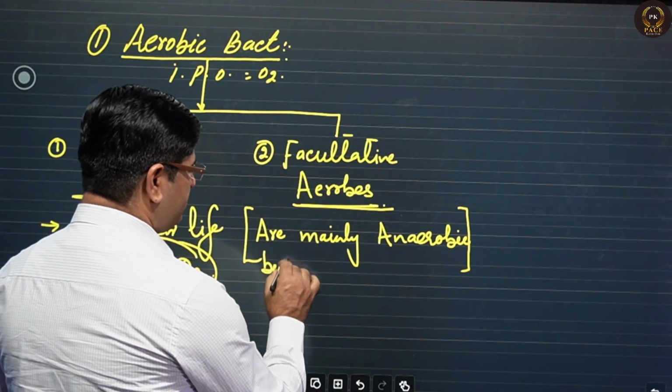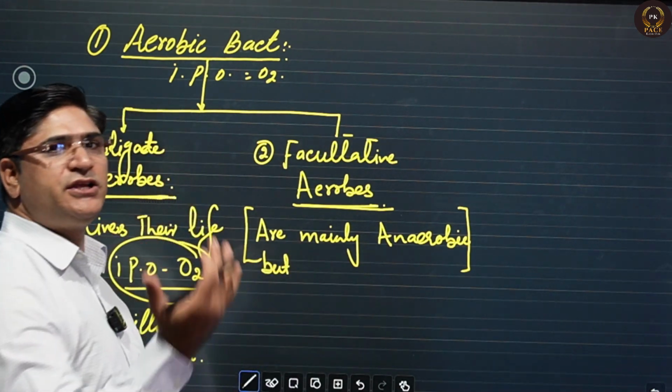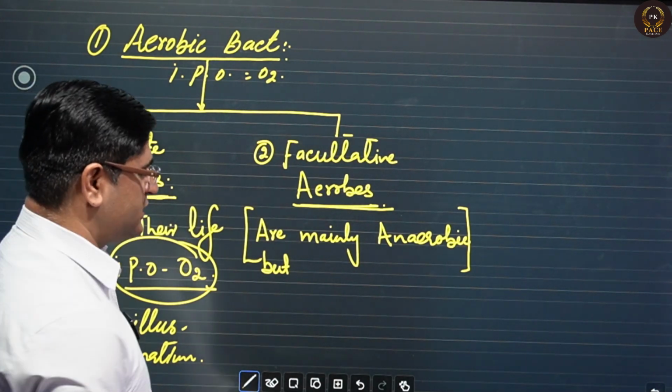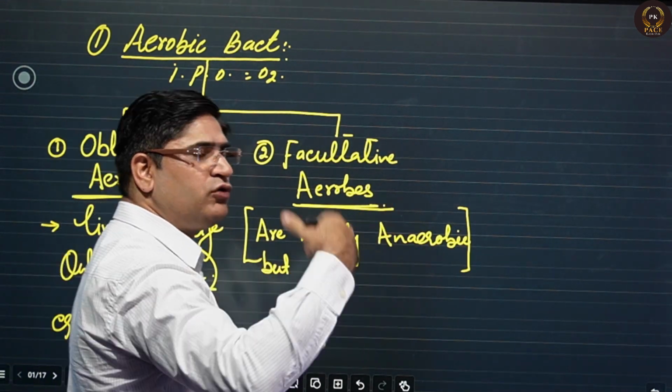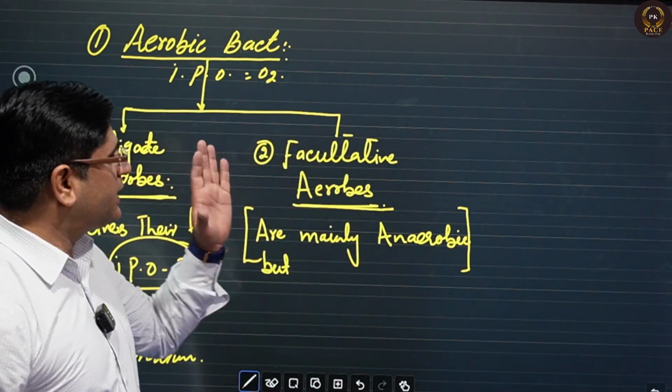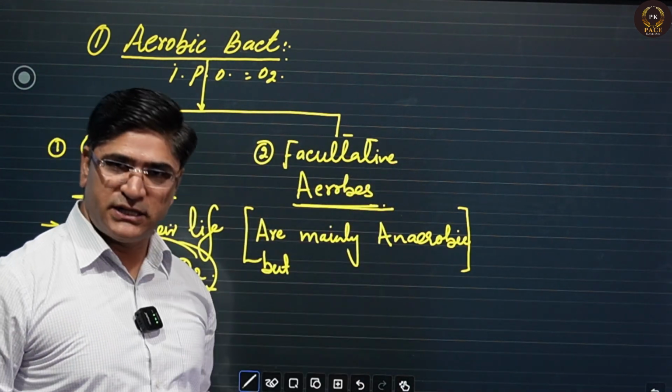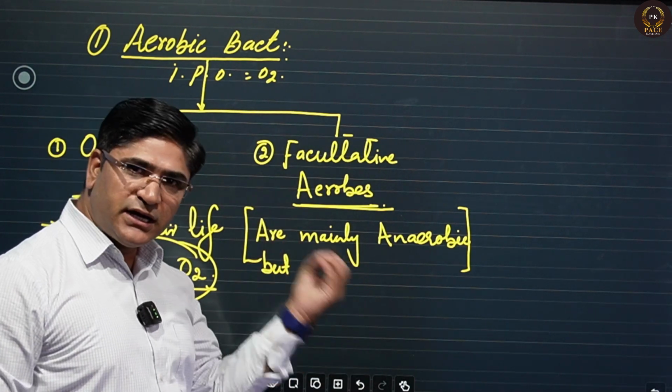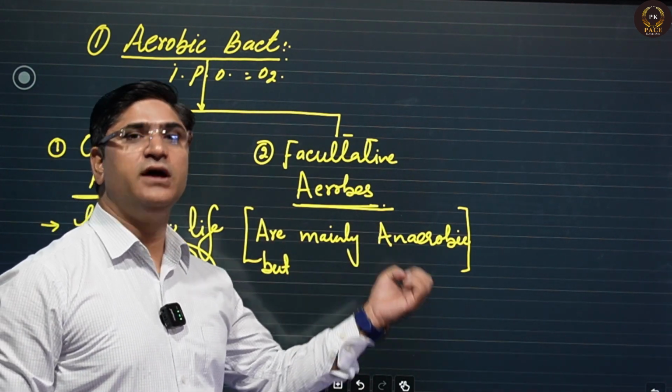But if these bacteria come into adverse conditions where they have to live in presence of oxygen, such bacteria can also survive in those conditions. They can also live in the condition where oxygen is available.